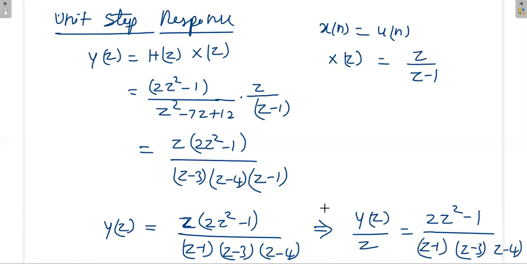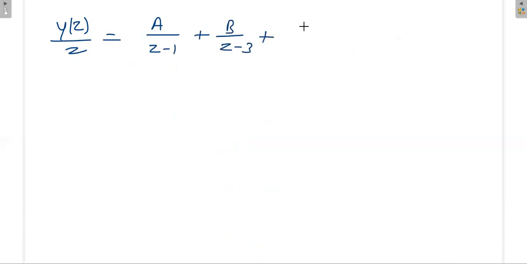And now apply the partial fraction. So Y(z) divided by z is equal to A by (z − 1) plus B by (z − 3) plus C by (z − 4).